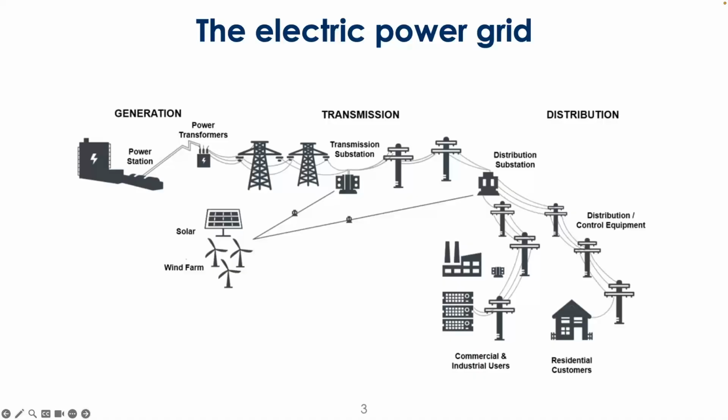Electric power grid. Typically, we divide this into three main areas: generation, transmission, and distribution. Generation is just the power plants that actually produce electricity. The transmission system is like when you're driving along the freeway and you see those big metal towers with the huge wires. That is the transmission system that transports electricity over long distances.